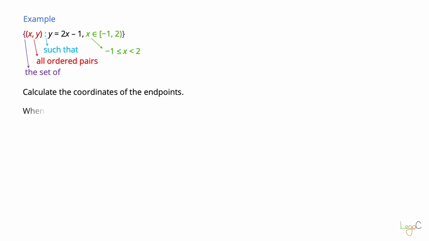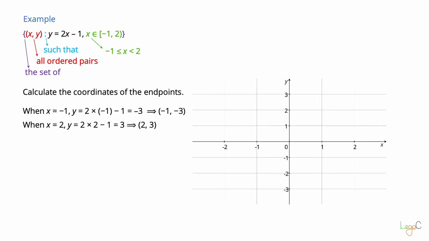So when x equals -1, y equals 2 times -1 minus 1 equals -3. So the first point has coordinates -1, -3. When x equals 2, y equals 2 times 2 minus 1 equals 3. So the coordinates of this endpoint are 2 and 3. Let's plot these 2 points on a set of axes.